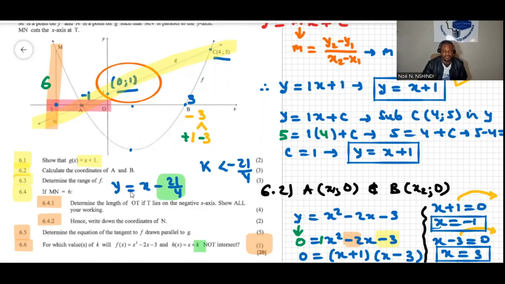Okay, before that, I just want to illustrate the parallel line. Because we did find that x was 3 over 2, which is somewhere there, the tangent line was something that looked approximately like this.